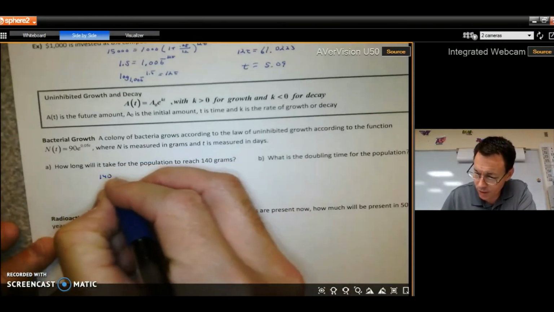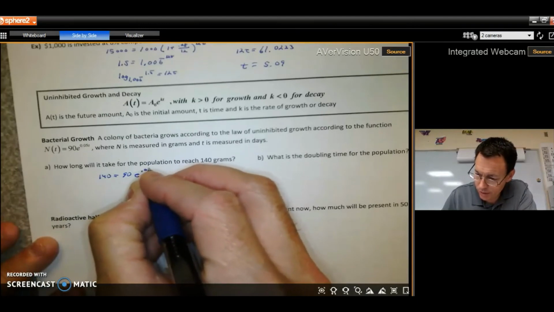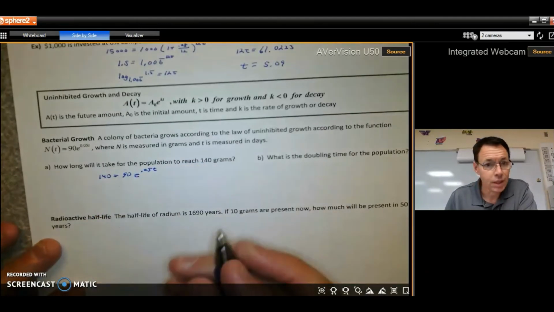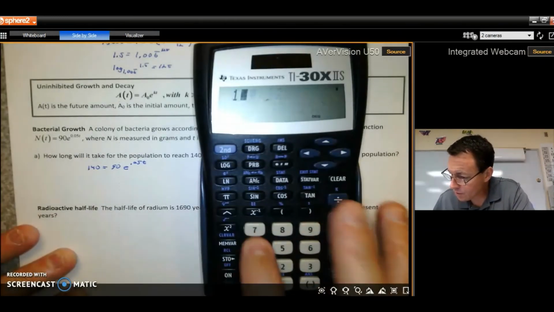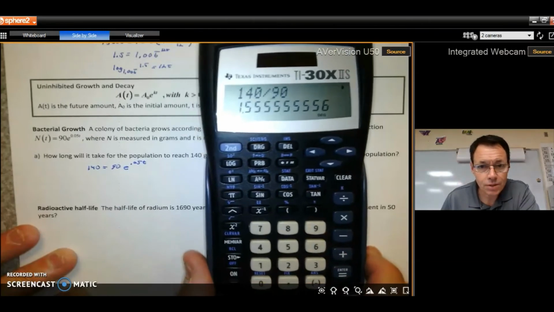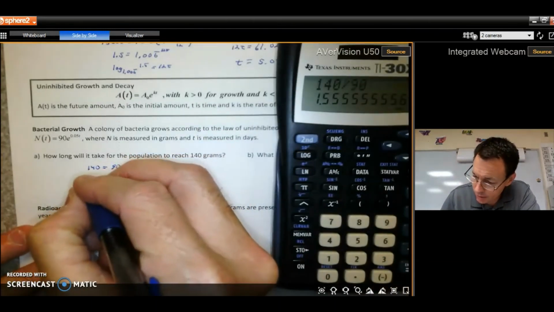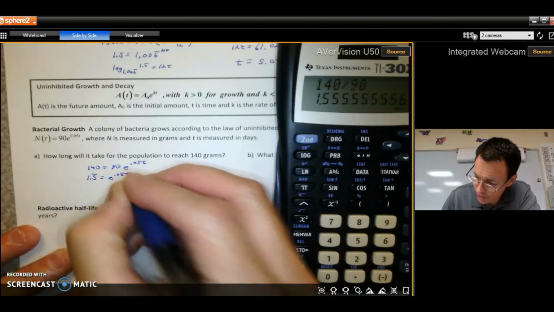So 140 equals 90 e to the 0.05t. Just like with the money, we're going to divide by 90. So 140 divided by 90 looks like 1.5 repeating equals e to the 0.05t.